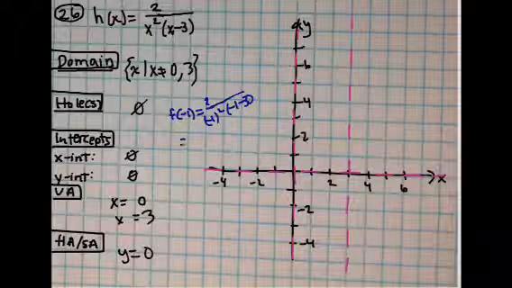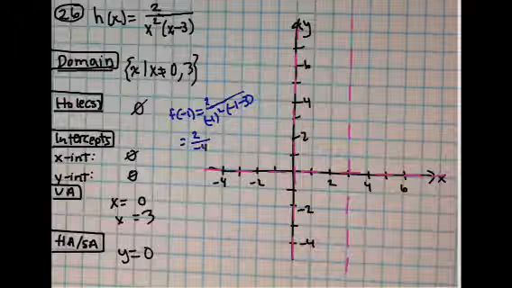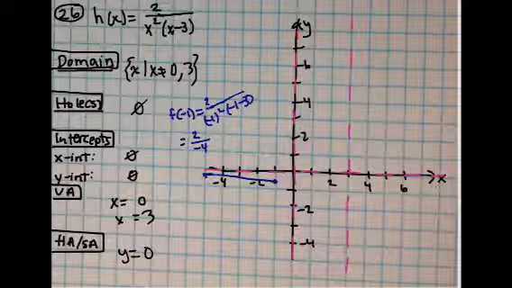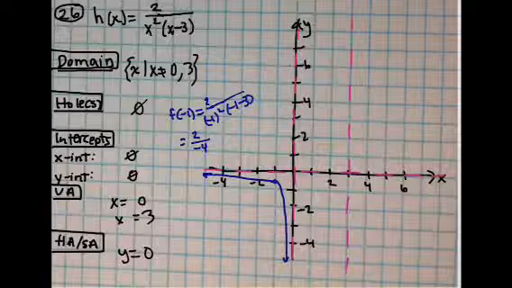So that's 2 over negative 1 squared is 1, and negative 1 minus 3 is negative 4, so it's going to be negative 4. So negative a half. So negative 1 gives me negative a half, so the point's going to be right here. With that, I know the curve is going to go towards the asymptote and towards the asymptote like that.